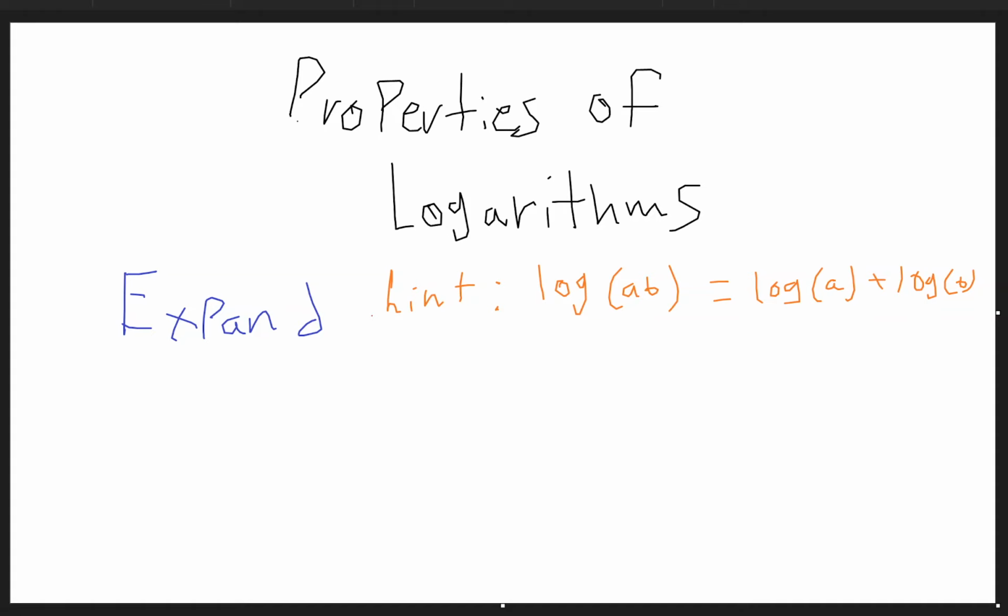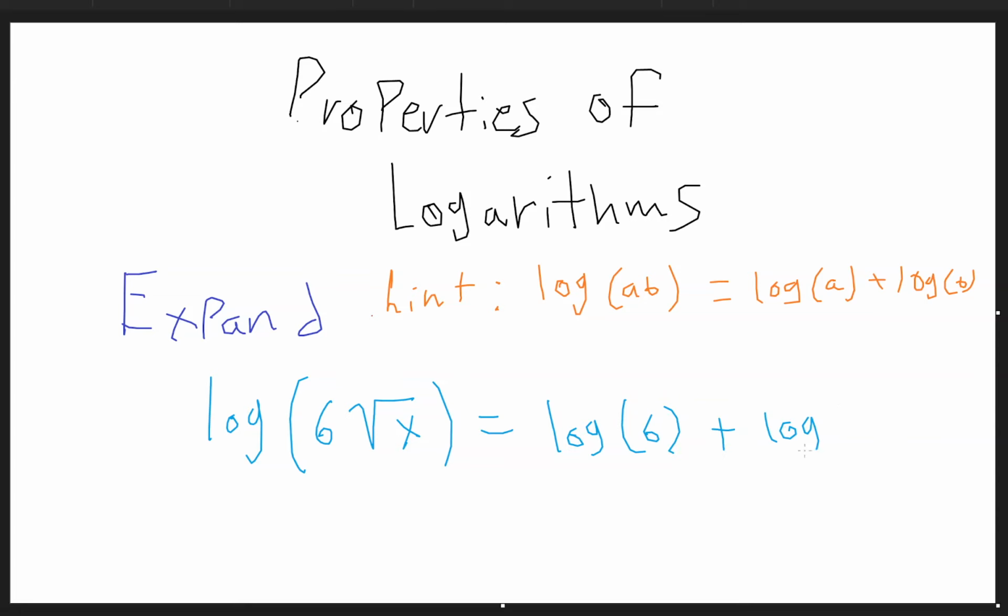Anyways, so what if we have something like this? Expand log of 6 root x. Now, you may think, right, log AB, we would do log of 6 plus log of root x. But when we have the square root of x, you know that's the same as x to the power of 1/2, right?